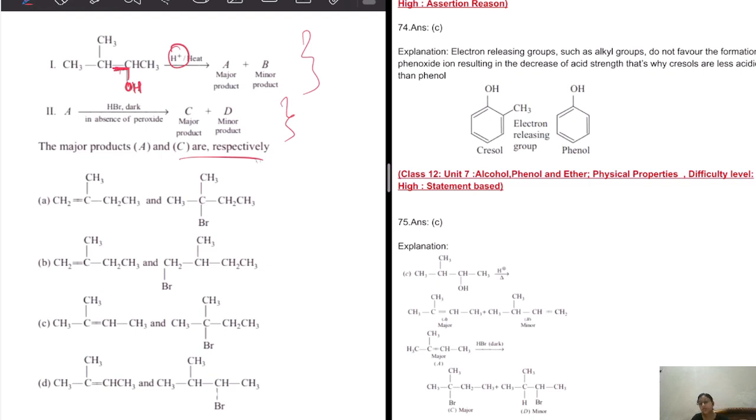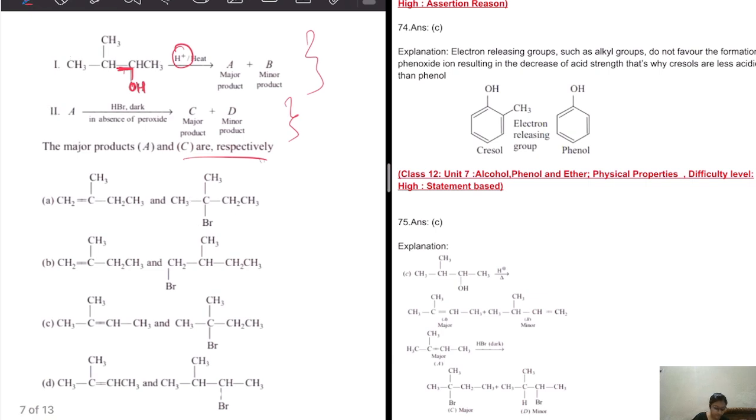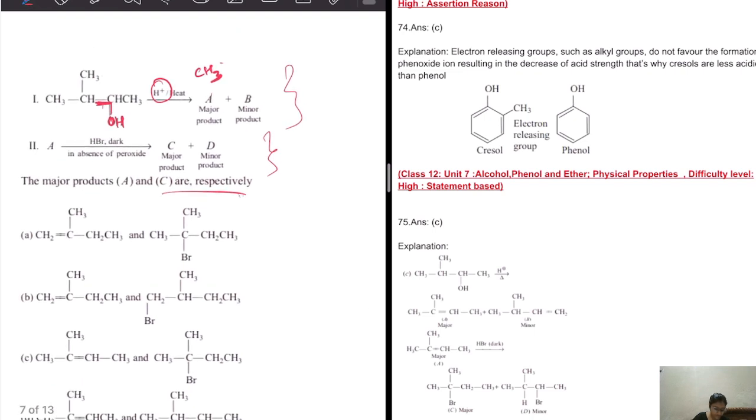According to Saytzeff's rule, the more substituted alkene will be more stable, so this would be the major product, CH3, CH, CH3, CH, CH3. And the minor product will be CH double bond CH2, then we have CH2, Me, and Me here.